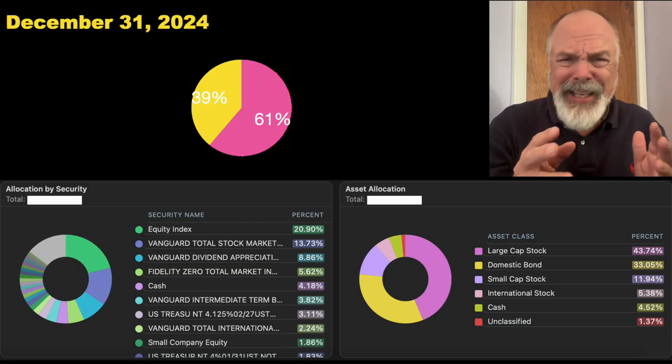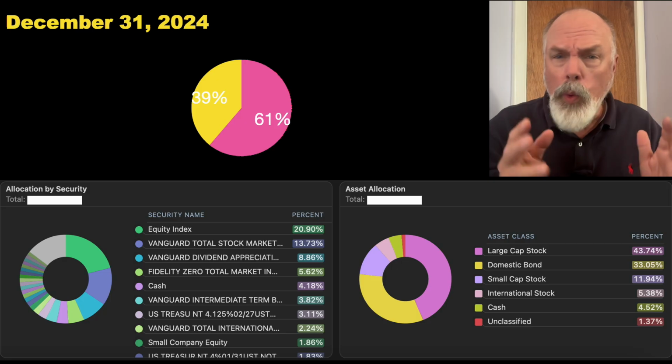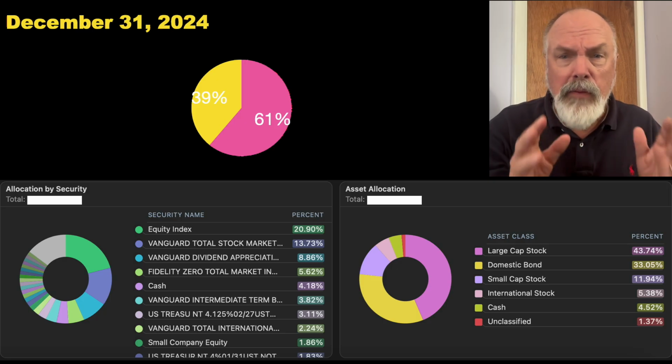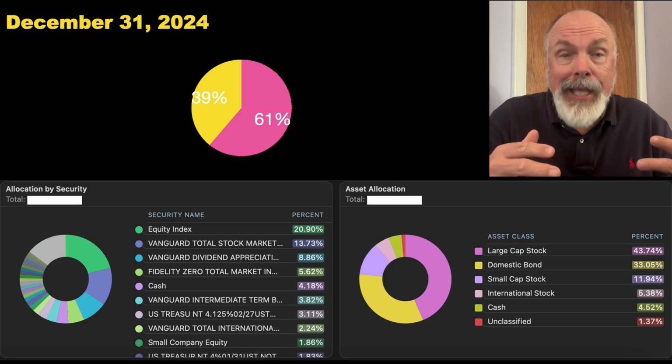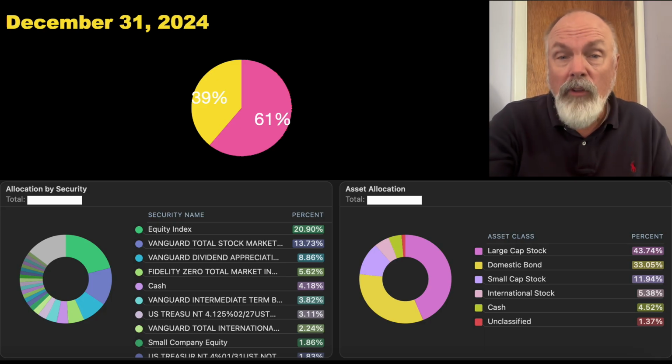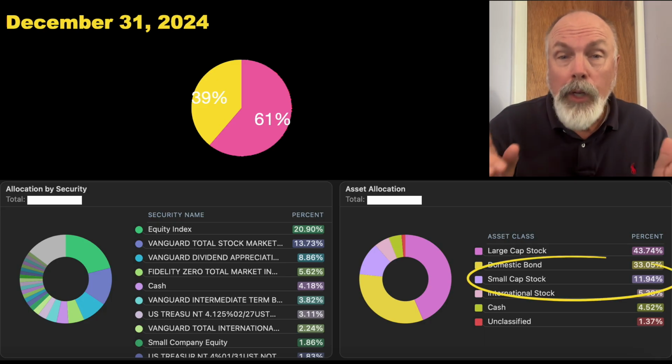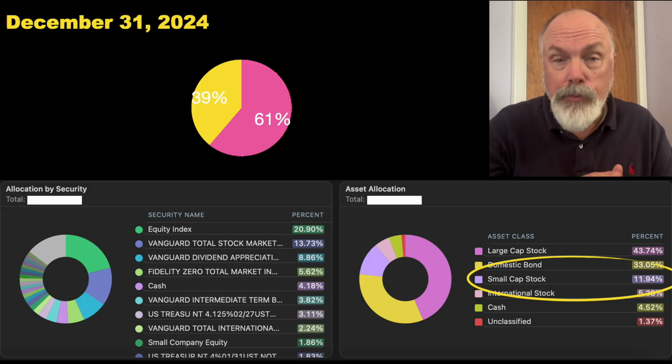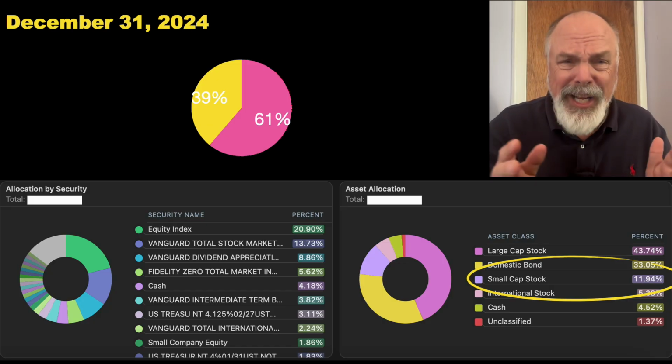Now, going back to this chart from my last video, Quicken, with its own definition of asset classes, said that I was already nearly 12%, or 11.94%, in small cap stock, which seemed pretty high.